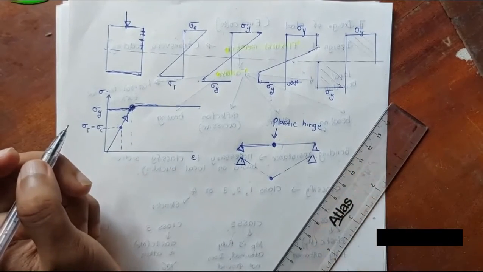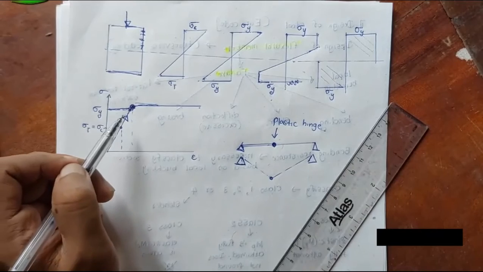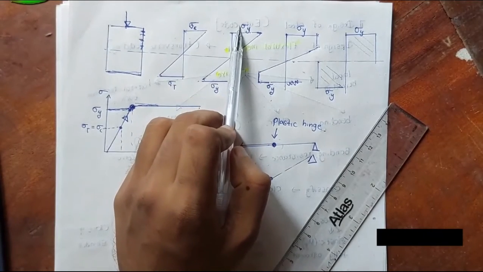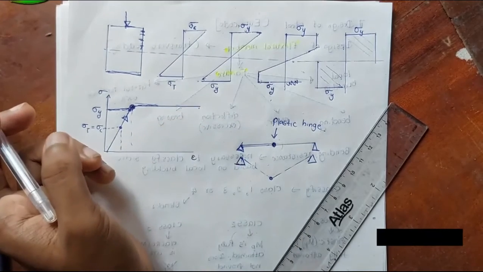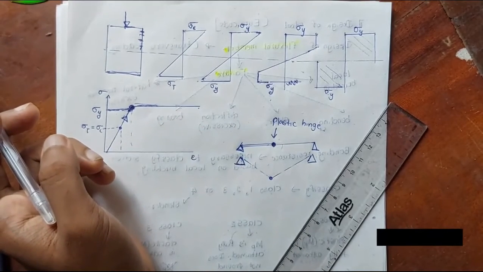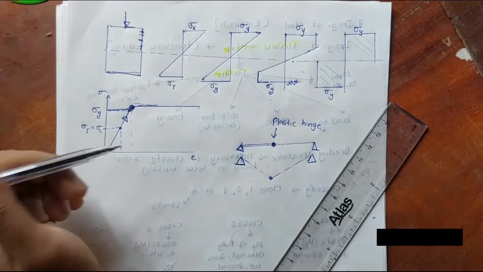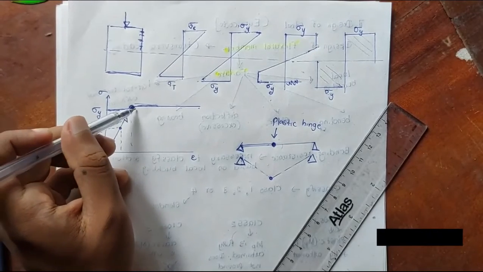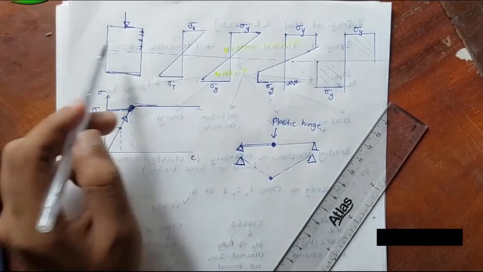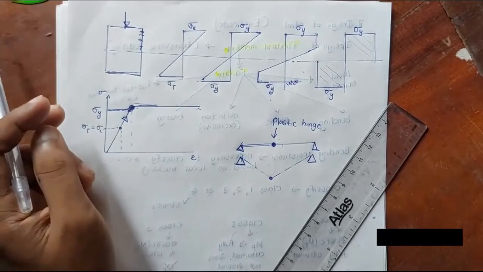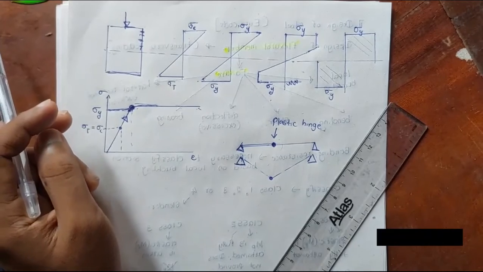So usually we are working under the elastic state, right? We do not talk about the plastic method of analysis in your first 2 years, right? So actually you can see some materials have some capacity beyond the limit of the elastic state, right? So we do not cater for that. Why?